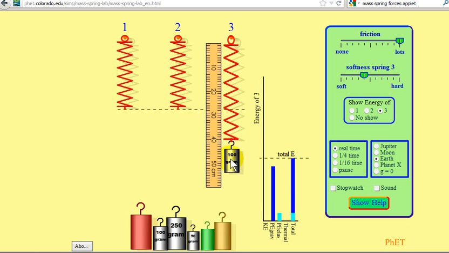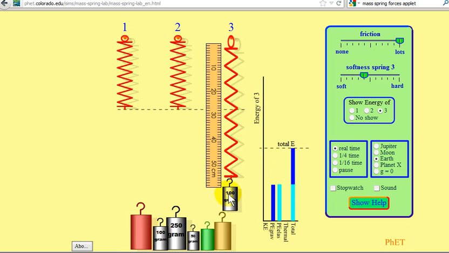We can also look at what's called the elastic potential energy. That's the potential energy due to the spring being stretched from its original position. So its original position was at this dotted line. So this light blue bar shows that we have some elastic potential energy in the spring, and we can increase that by stretching the spring.